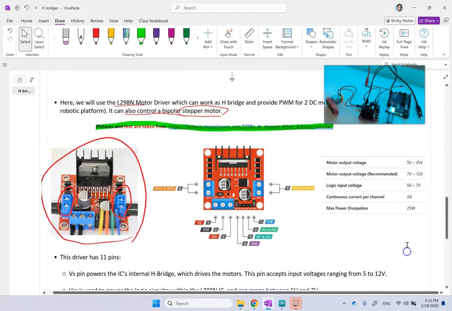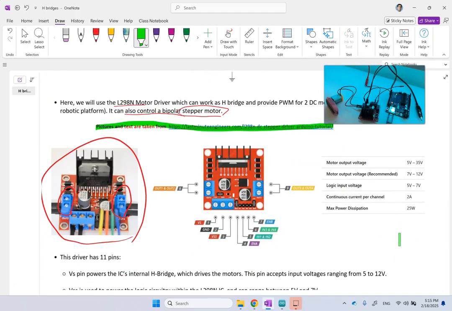So going here, if you want to know a little bit about this motor driver, in general it has 11 pins. You have basically 6 pins here, where these 4 in the middle are IN1 and IN2, the 2 on the left, these 2.